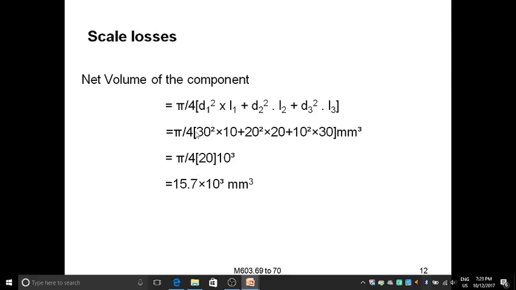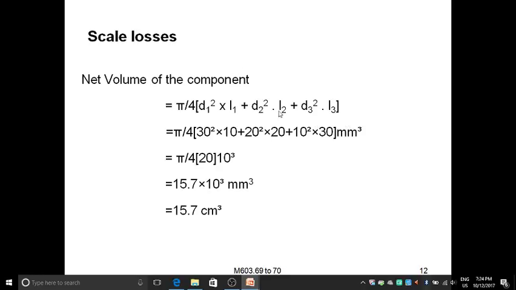If you calculate this, you will get the final volume as 15.7 into 10 cubed cubic millimeters. Now he is converting this into cubic centimeters. Instead of converting all the values to centimeters, he is calculating with all the values in millimeters.